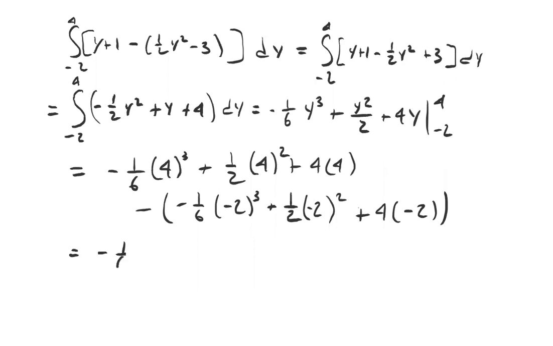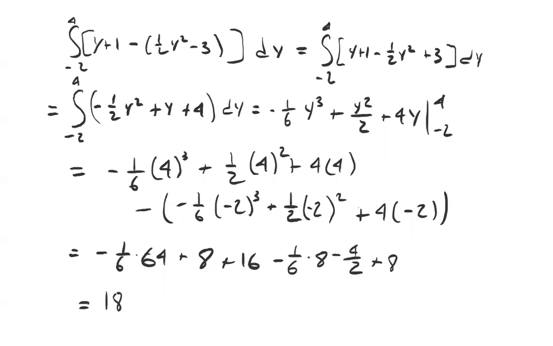This is negative 1/6 times 64 plus 4 squared is 16 divided by 2 is 8, plus 16. And then we have a minus plus minus. We're going to get minus 1/6 times 8, minus 4/2, plus 8. When you do all this, assuming I didn't do anything incorrectly, this actually comes out really nicely. It comes out to 18.